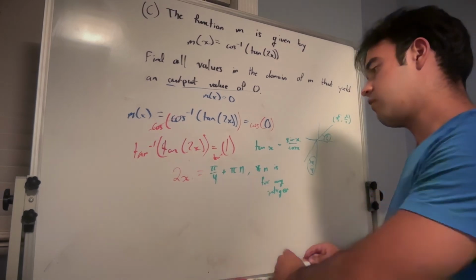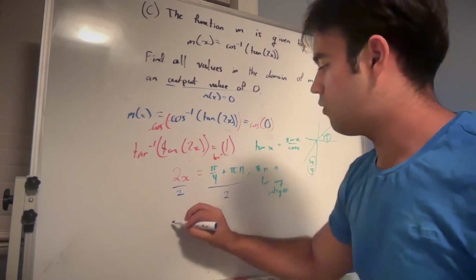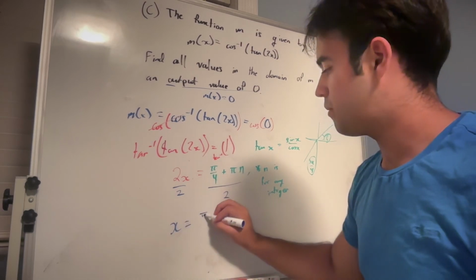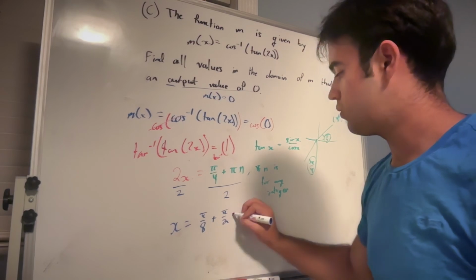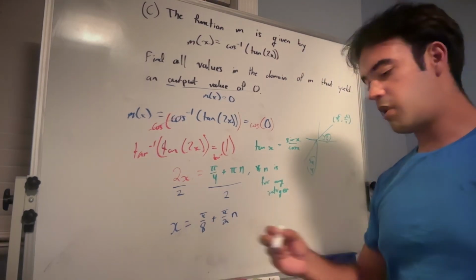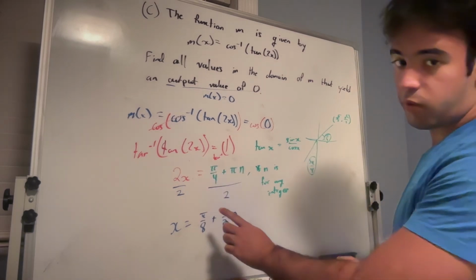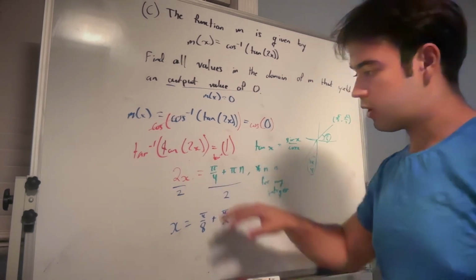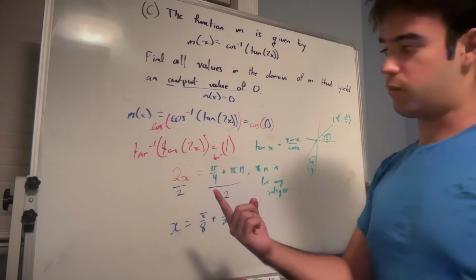So from here we can just divide by 2. And now we'll be left with x equals pi over 8 plus pi over 2 times n. And this would be our answer. If you had only included pi over 4 or 5 pi over 4, for instance, if you had only included one value for x, you'd only get 1 point on this FRQ.